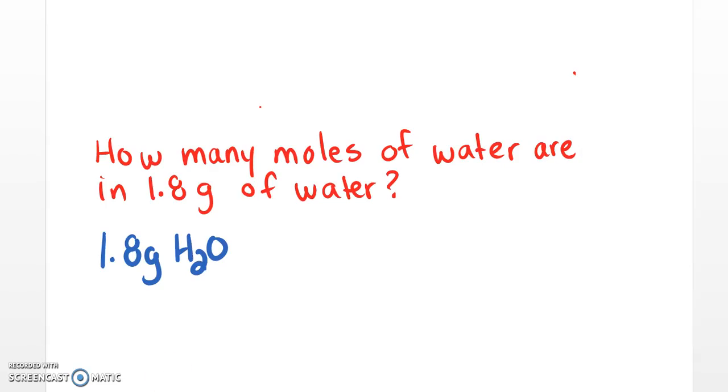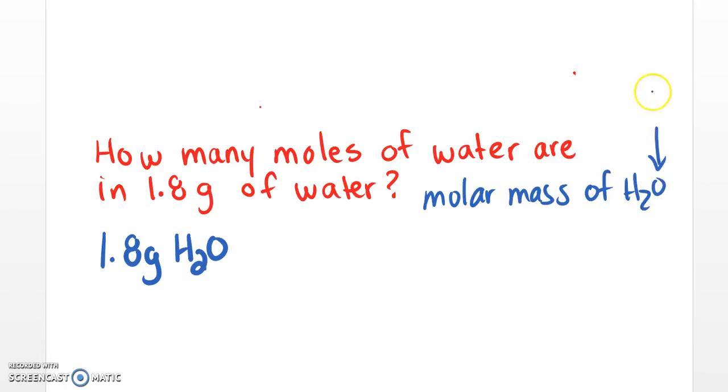And let's go back to the question. So molar mass of water, molar mass of H2O. Oxygen is 16 and hydrogen is 1. But remember, we have 2 hydrogens.